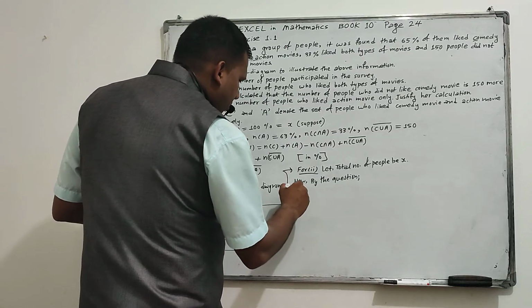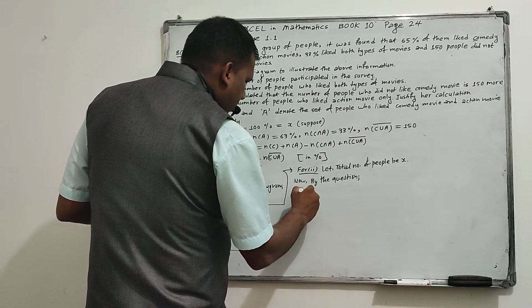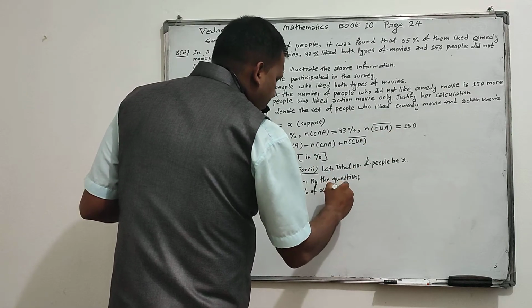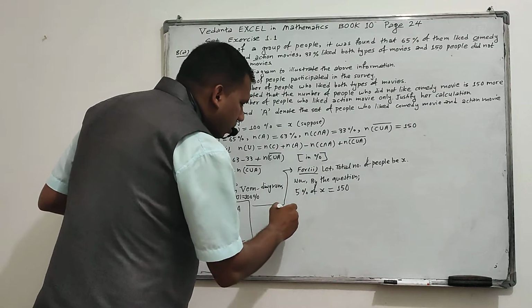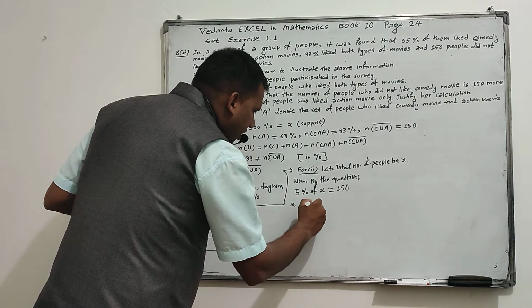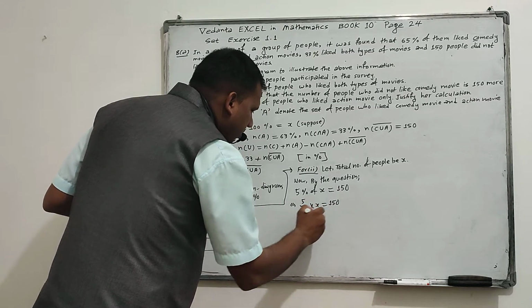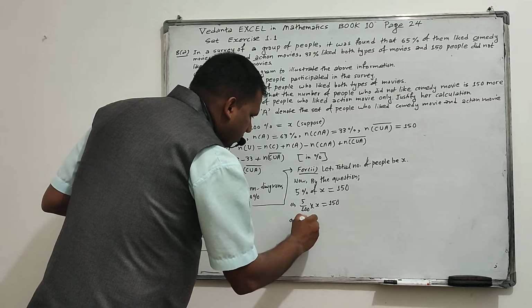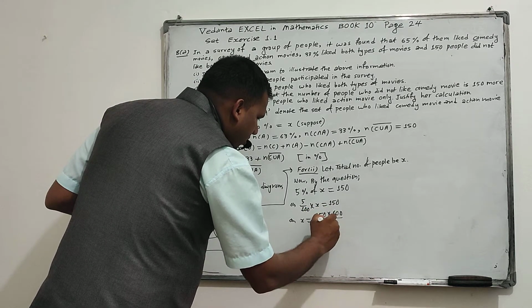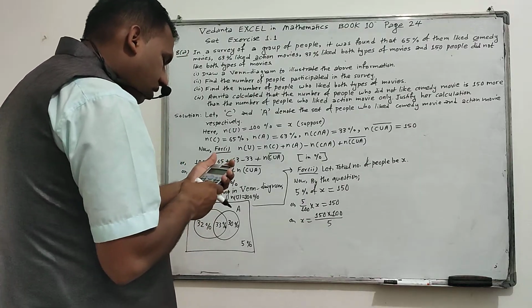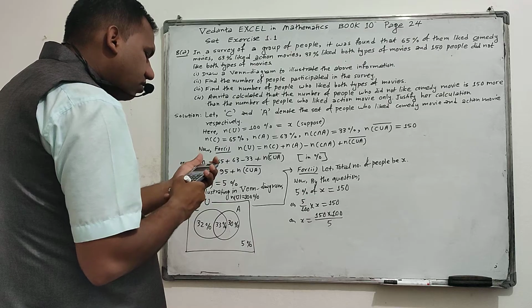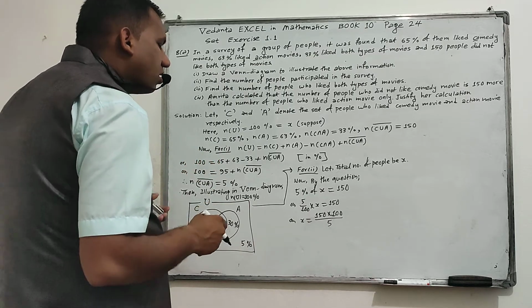So 5% of total people X equals 150, or 5 by 100 times X equals 150, or X equals 150 times 100 upon 5, that equals 3000.